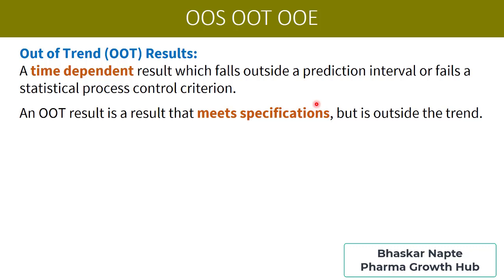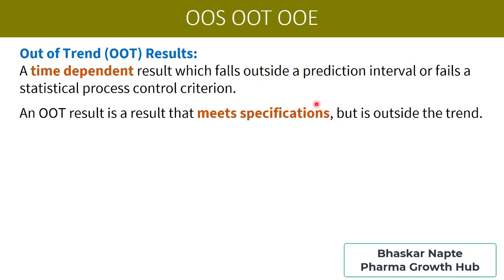So this is your predefined trend based on the earlier time points. And if that trend is not followed by the current time point, which is let us say the 12th month time point, then you can say, okay, now I have come across an out of trend result for X parameter.